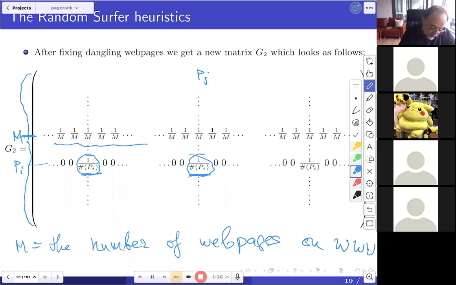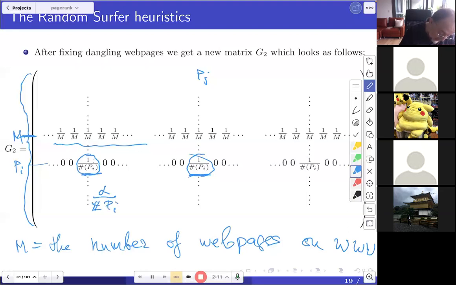If you are at the web page Pi, then you follow the links only with probability alpha. But this means that the probability to follow a particular link is not 1 over the number of outgoing links, but it is alpha to follow a link at all, and then divided by the number of outgoing links. So this gets replaced by that.